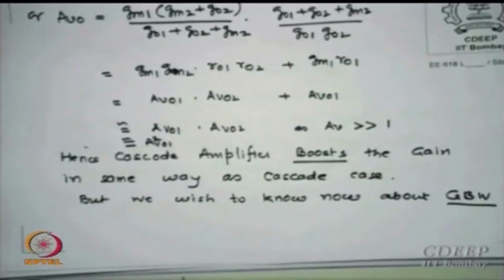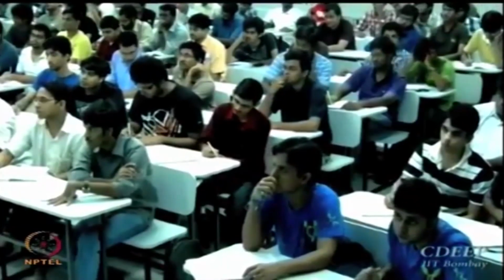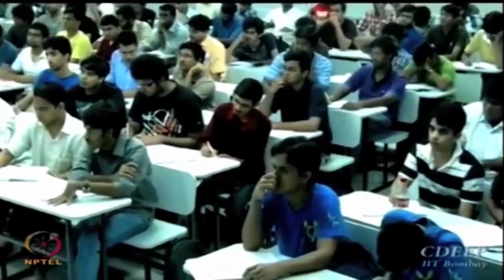Cascade could have got how much gain? Square of two of them. Here also I am getting the same gain, little more but almost the same order of gain. Then what did I achieve? You said gain is boosted, but the gain product seems to be similar for the case of cascade as well as cascode.